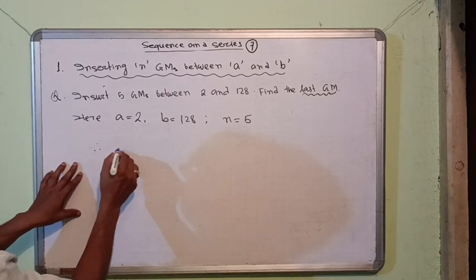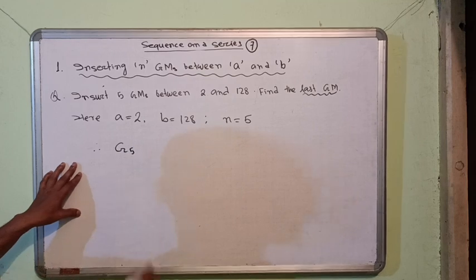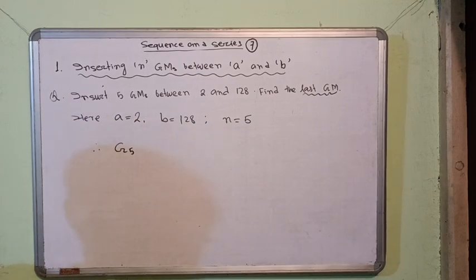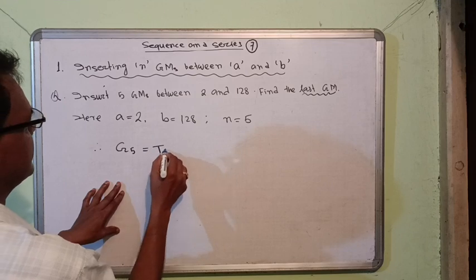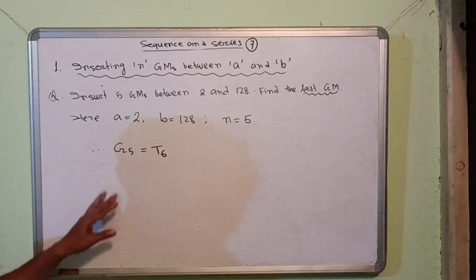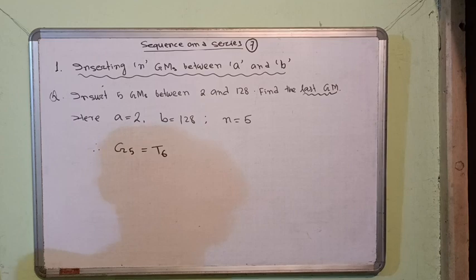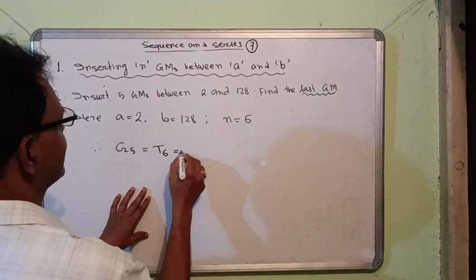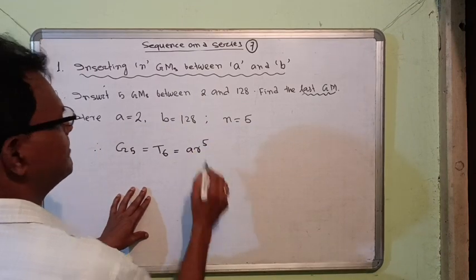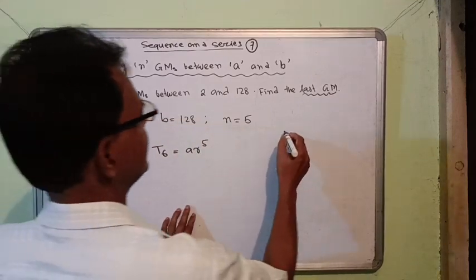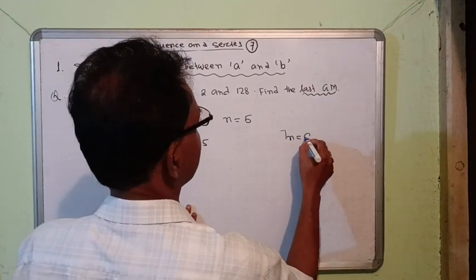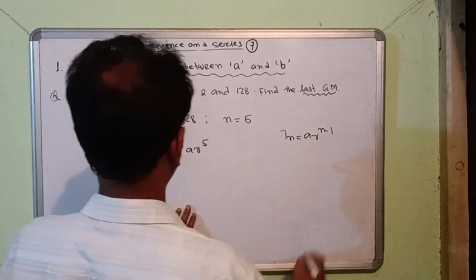The last GM means Z5 is the last GM. Last GM is equal to T6, and T6 is equal to A into R to the power 5, since Tn equals A into R to the power n minus 1.